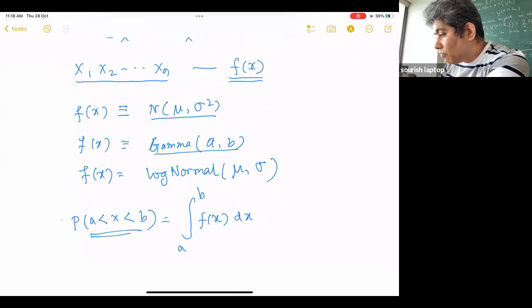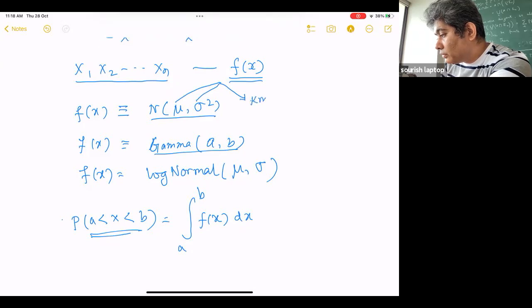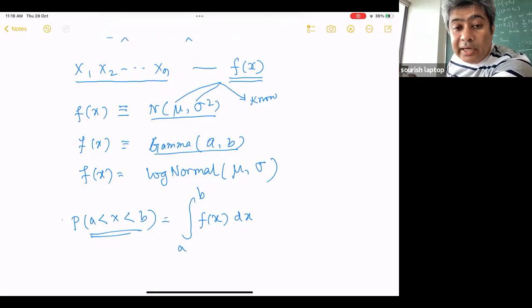But definitely you have to know mu and sigma square. This is typically a probabilistic approach. Probability will tell that if I know mu and sigma square, I'll just solve this integration problem. My job is done.